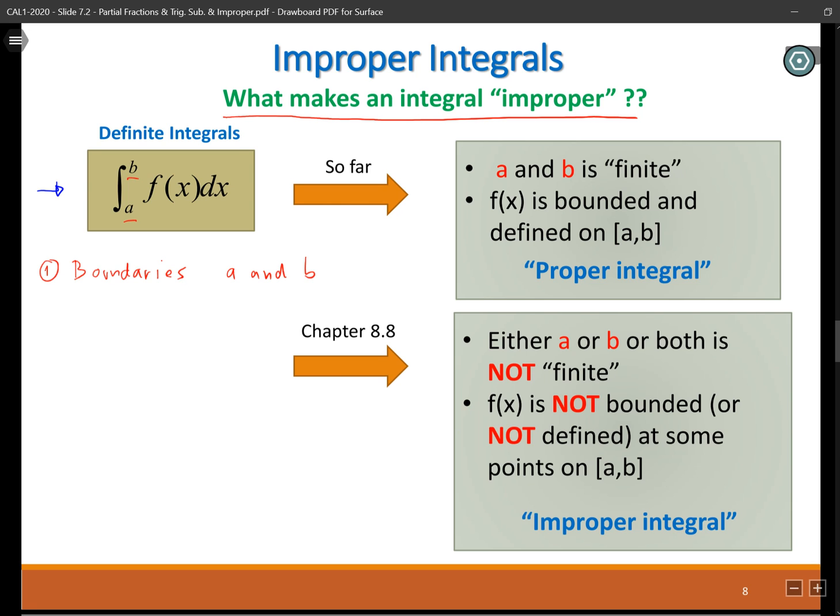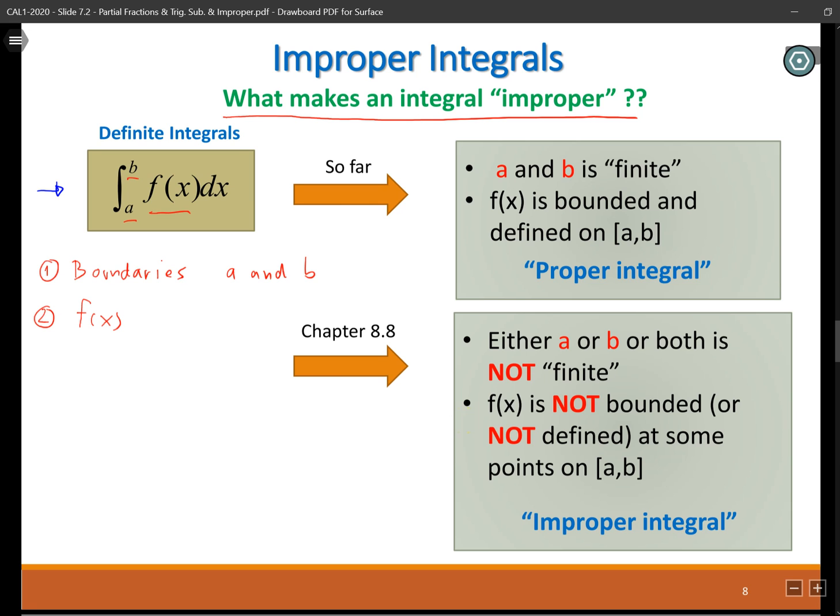Alright, the next thing that we need to look for is something with the function itself. Something about f(x), about this one. So let's take a look at what about these two things that make the difference.